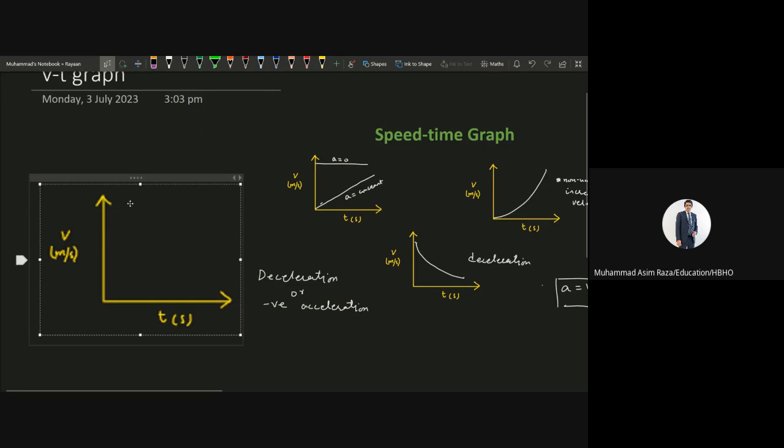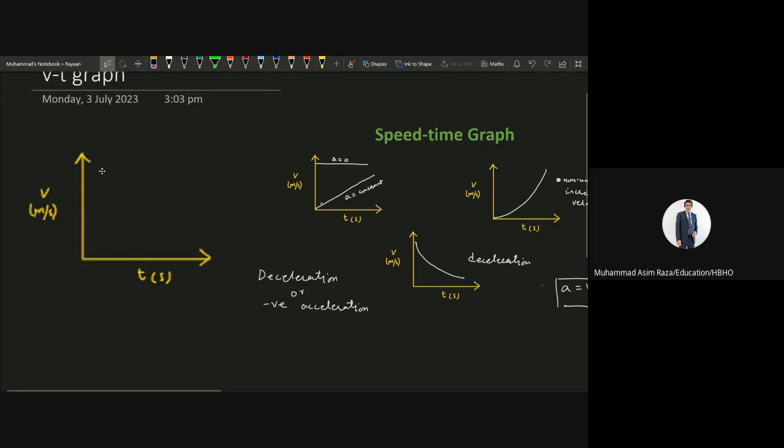Basically, our target will be how to read a graph if it is given in our paper. So we'll see how we will be reading it. You can see this is a little bit blurry graph.